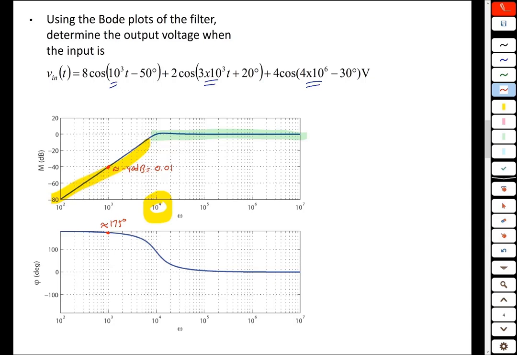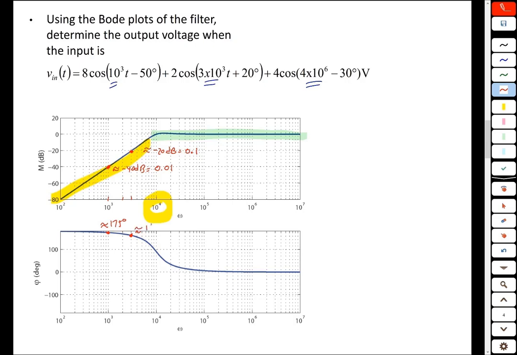3,000 radians per second. So this is 1,000, 2,000, 3,000. That is this point here. So that is approximately minus 20 dB, which is a magnitude gain of 0.1. Its angle, once again, it's a ballpark figure.